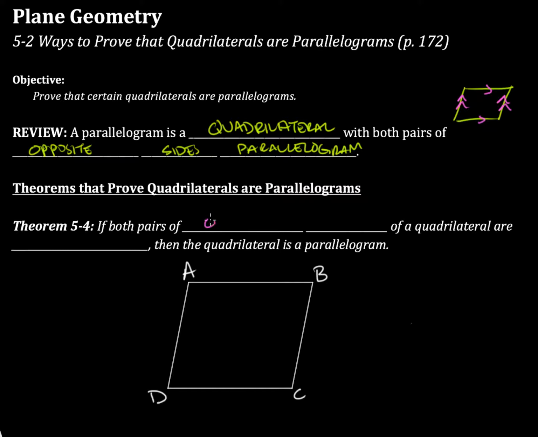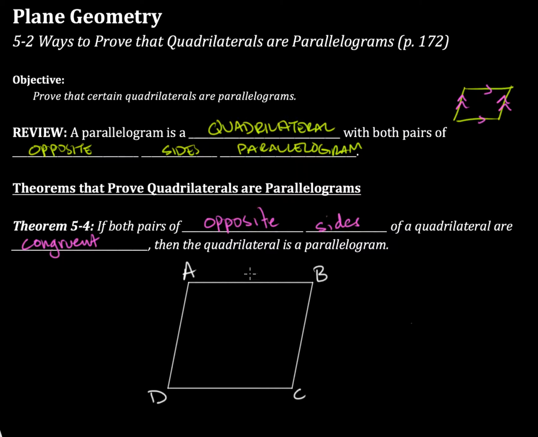If both pairs of opposite sides of a quadrilateral are congruent, then the quadrilateral must be a parallelogram.